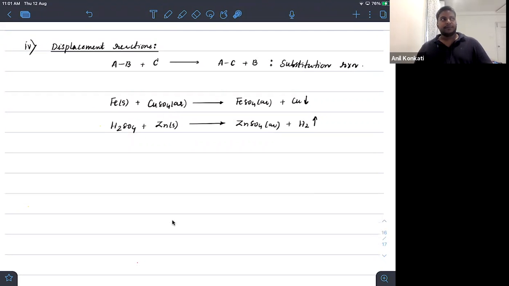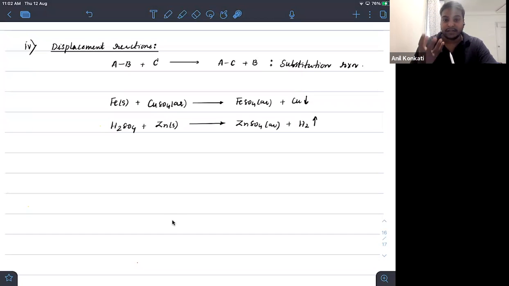Now usually beta, one metal may replace the other metal in general. कैसे? देखो, if you take copper sulfate solution, एक blue color solution होता है. In that, if you add an iron spoon, okay, any iron spoon or a steel spoon, what would happen?